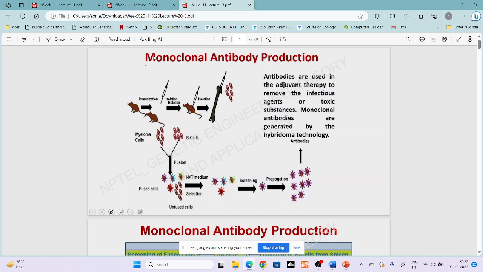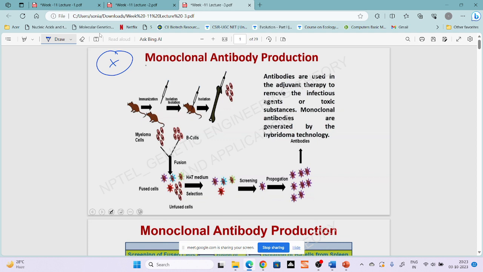Suppose I want to create a monoclonal antibody against an antigen X. First I will give that antigen to the mouse. That is known as immunization. After giving that antigen, I will harvest the cells from the spleen, and those B cells I will fuse with the myeloma cells, and then I will select the fused cells.